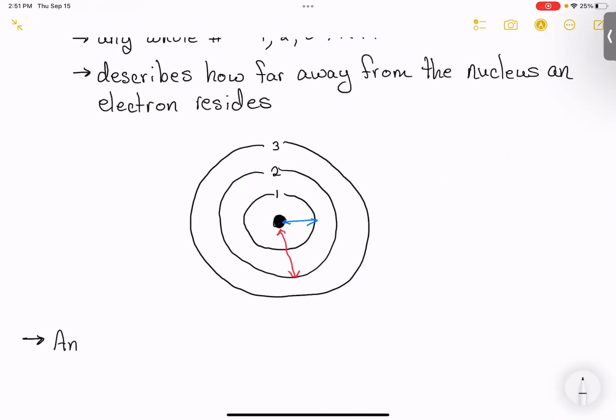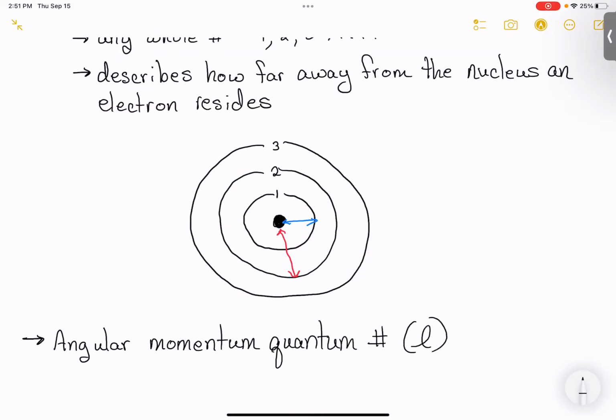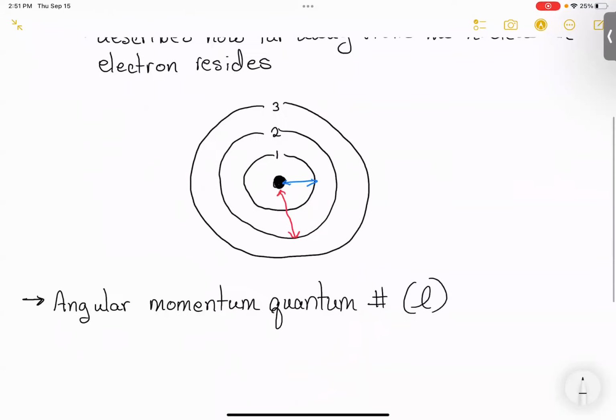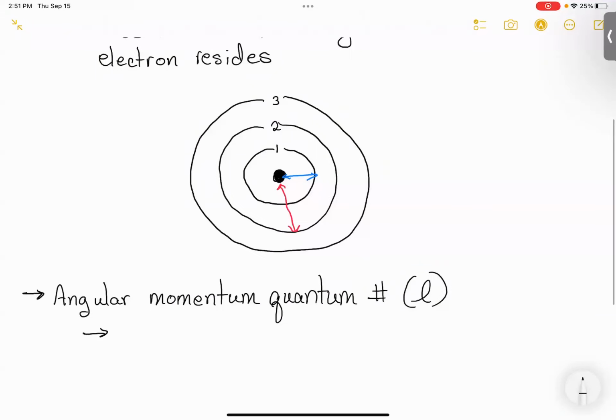The next quantum number that we're going to deal with is the angular momentum quantum number, which we represent with a lowercase l. Another name for the angular momentum quantum number is the subshell.